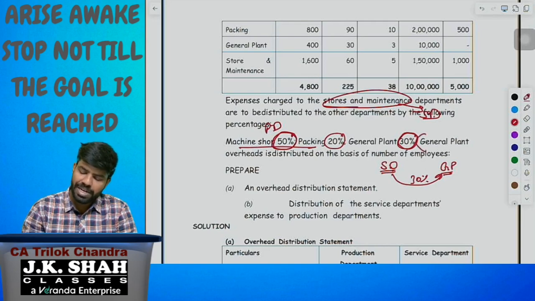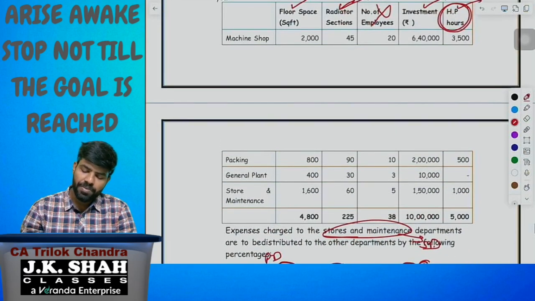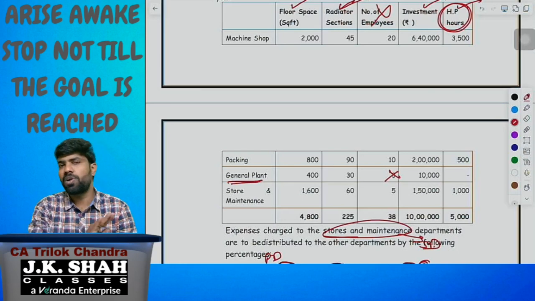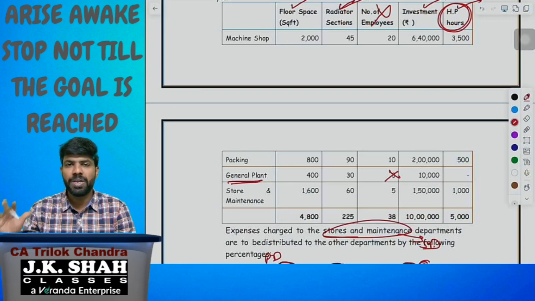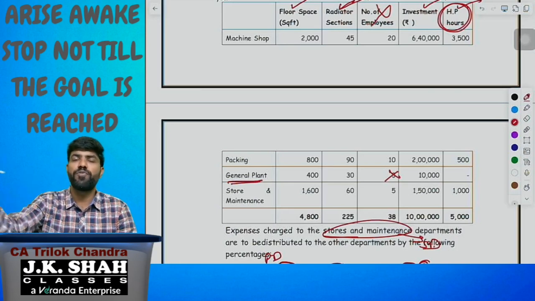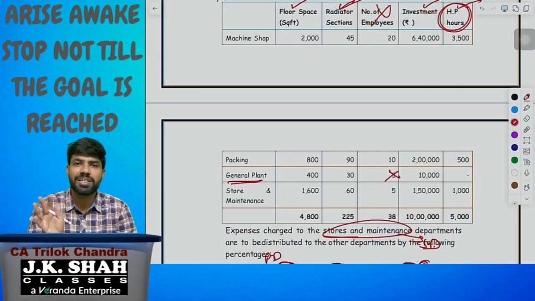Next, general plant. Look at this. General plant overheads are distributed on the basis of number of employees: 20, 10, 3, 5. General plant. Don't take the 3 employees. Self-service is not a service. If you provide food to someone, we'll call it Annadana service. If you eat by yourself, it is not Annadana service.